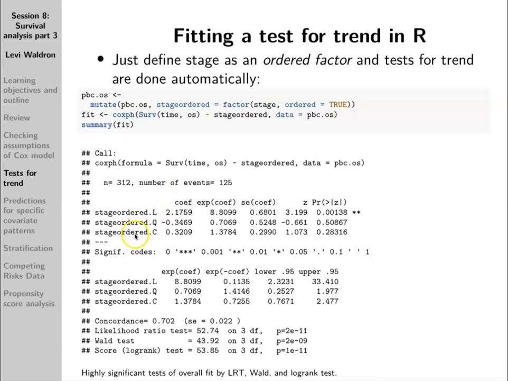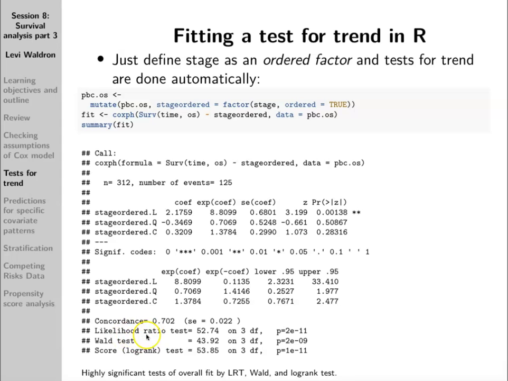And then what I see in the output here, so I'm using only that stage ordered variable as my predictor, I see these three terms. The L stands for linear, the Q stands for quadratic, and the C stands for cubic. And I see a positive coefficient for linear with a significant p-value from the Wald test, and these other two do not have significant p-values.